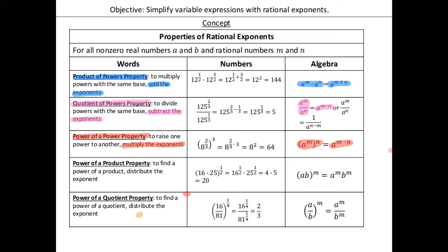Then I also have this power of a product property, which means if I have something multiplied inside the parentheses raised to a power, my rule is to distribute the exponent to each one individually, from the m distributed to the a, distributed to the b.